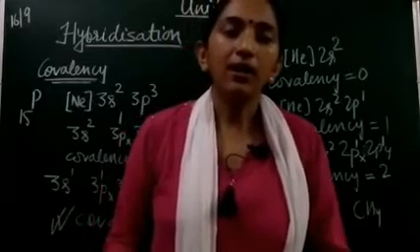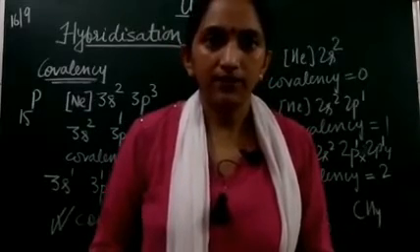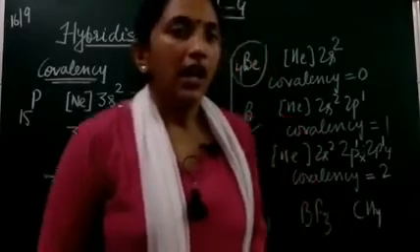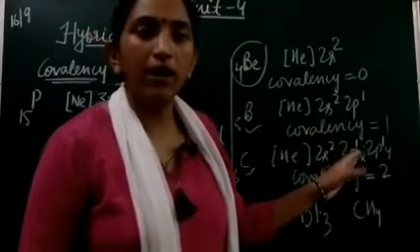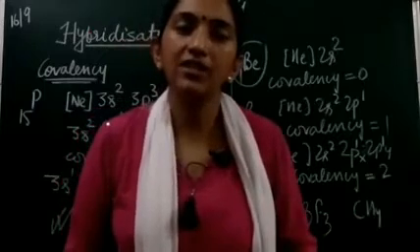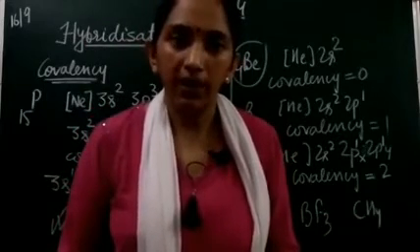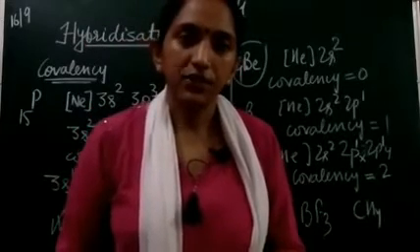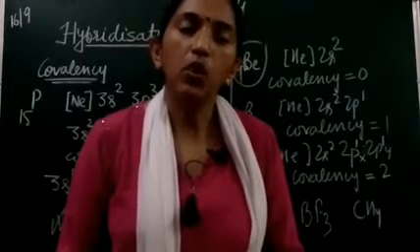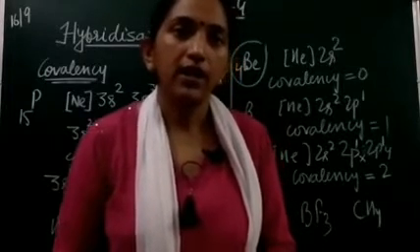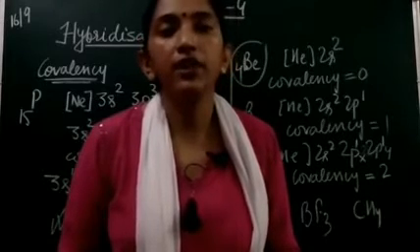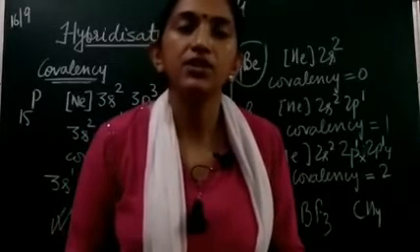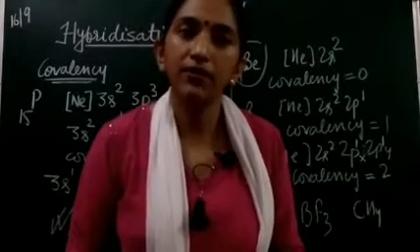Now, why are we coming to the concept of hybridization? If the covalent bond is formed only by the overlapping of valence shell half-filled atomic orbitals, right, students, then the bonds formed would be of different energy, that is, the bond enthalpy would be different.